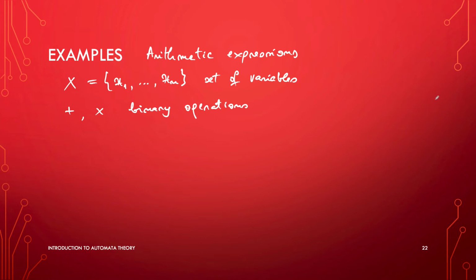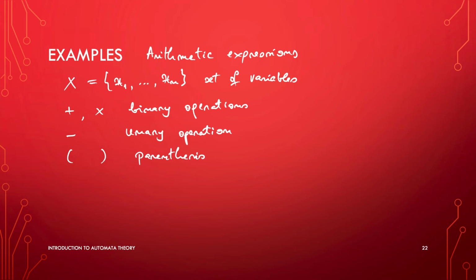And also I will take minus as a unary operation. So this can be applied to a variable or to an arithmetic expression, and the result is going to be an arithmetic expression. And moreover, I will also consider the parentheses, the left parentheses and the right parentheses.